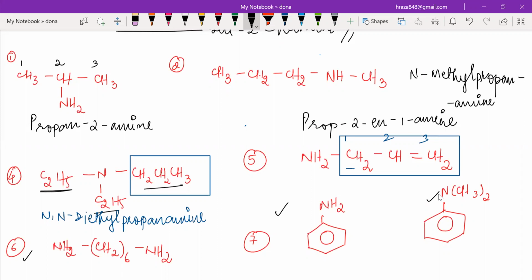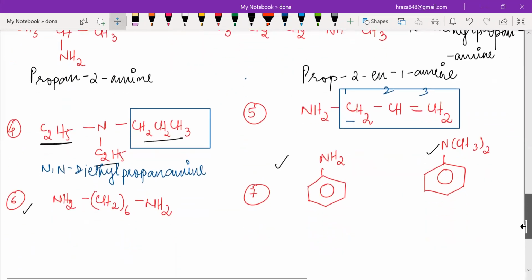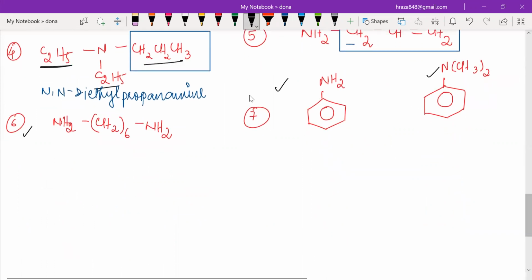So is it 1,6 diamine? First, write the number of the parent chain, hex, instead of writing amine directly. Are you getting my point? Yes. Hex.